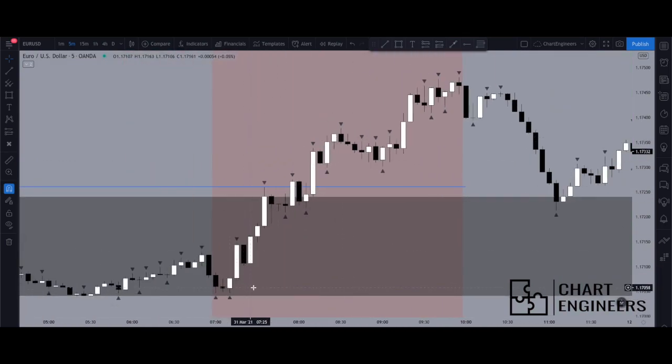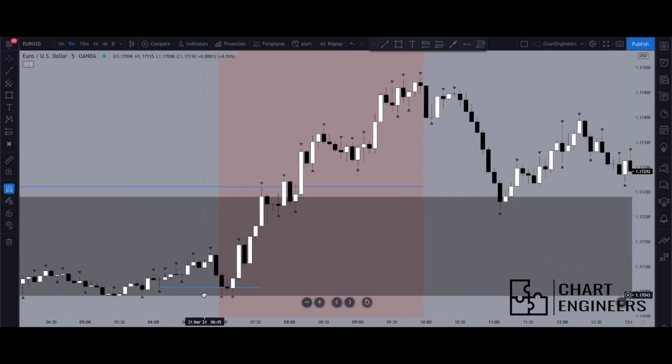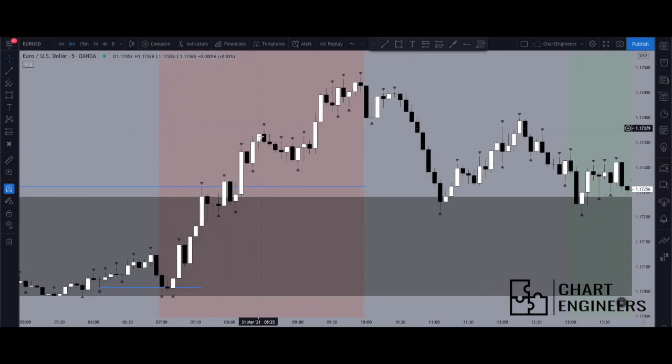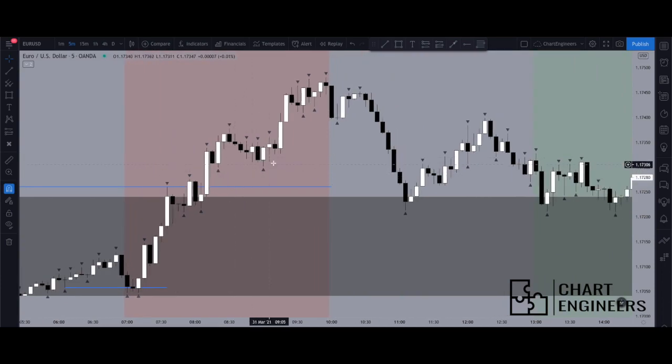So no raid here because this candle closes below the raid line. So close it below, so I wouldn't count that as a raid. Then no raid over here and no raid over here. So you just gotta be patient, just wait for your raids.